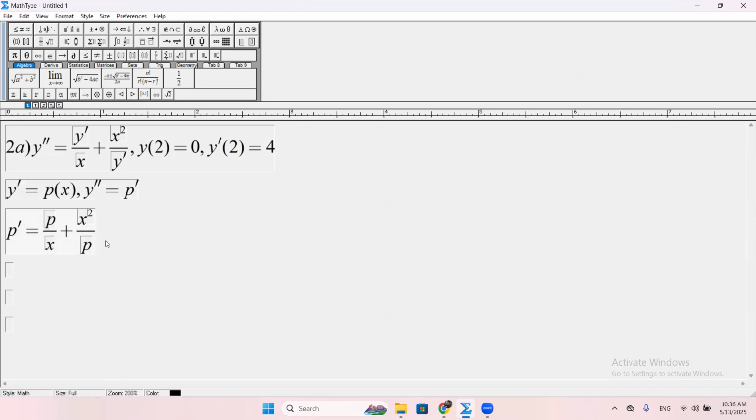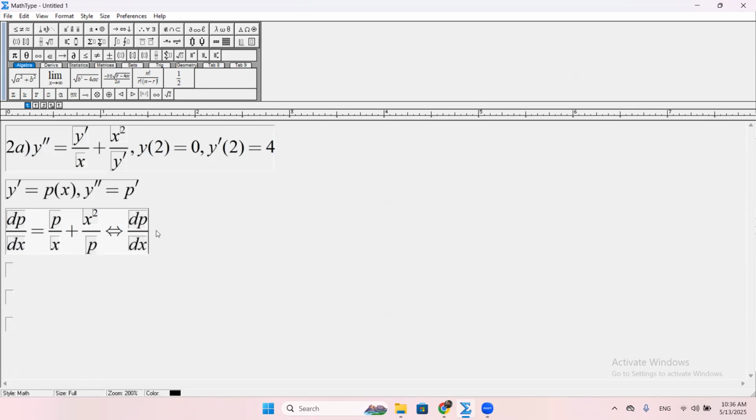It seems to be an equation with separable variables. Let's separate them. I will write here dp by dx. So let's separate variables. How to do it?